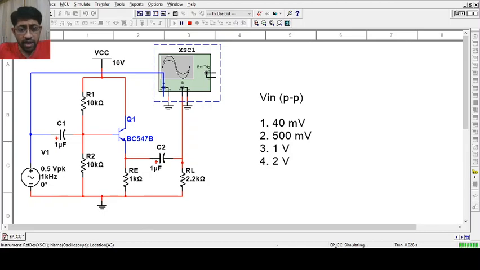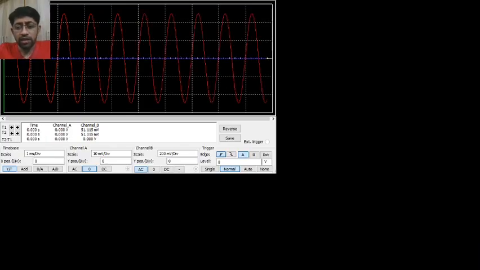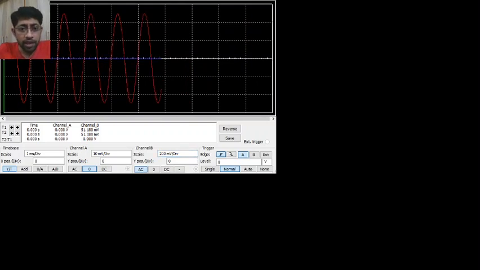So what we will get in the output, here you can see that the output corresponding to 1 volt peak to peak input. Now if I pause it and measure peak to peak, one cursor at the top, the second cursor at the bottom, and let me set it to get the maximum answer.